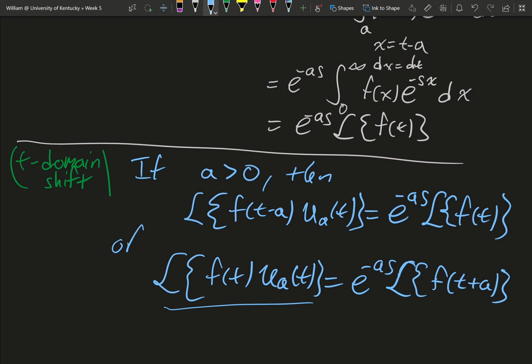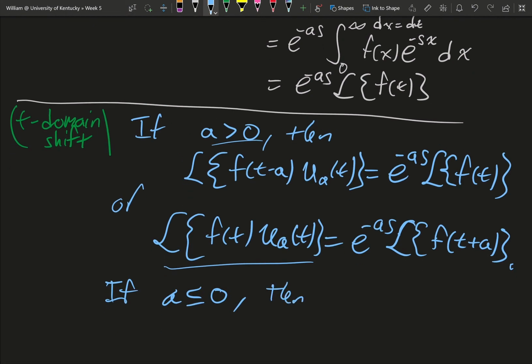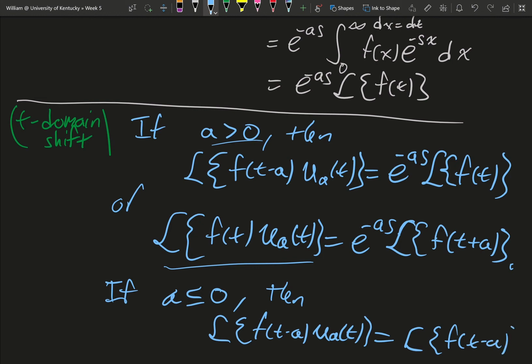And note, if a is less than or equal to 0, then that term does not appear. You just get f of t minus a times u of t, which is still just the Laplace transform of f of t minus a.